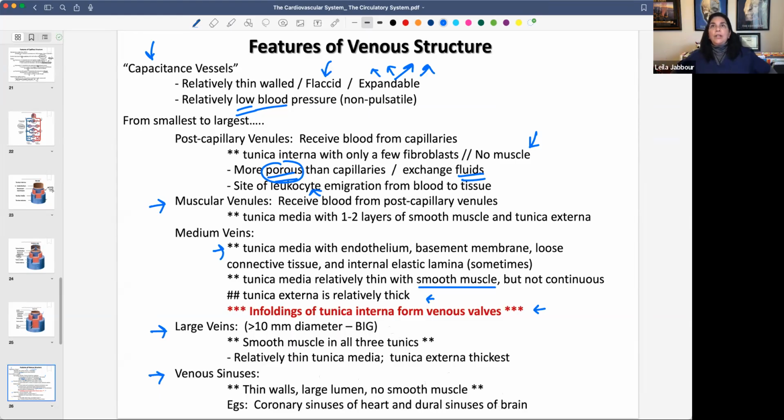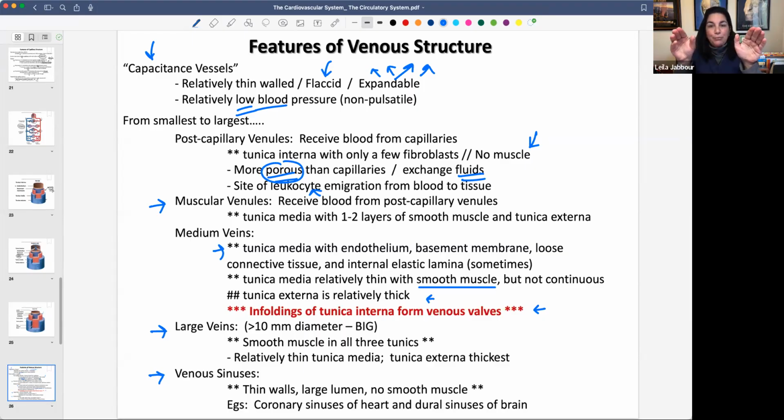So a good example of that is the dural sinus that runs in your brain. It's basically the visceral layer of the dura mater. I'm trying to concentrate and find my words here.